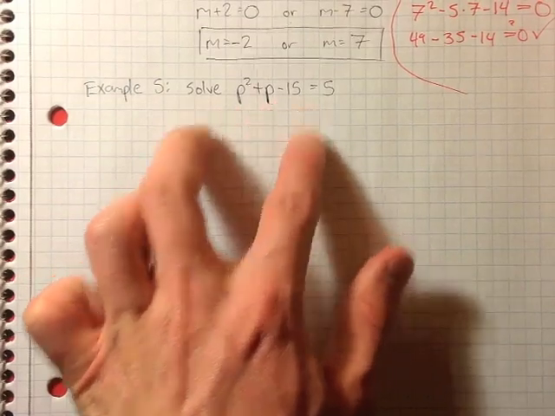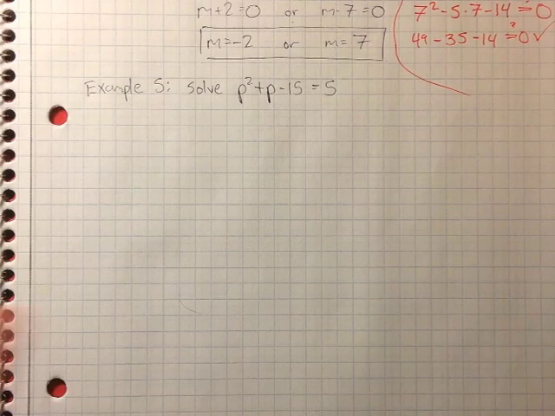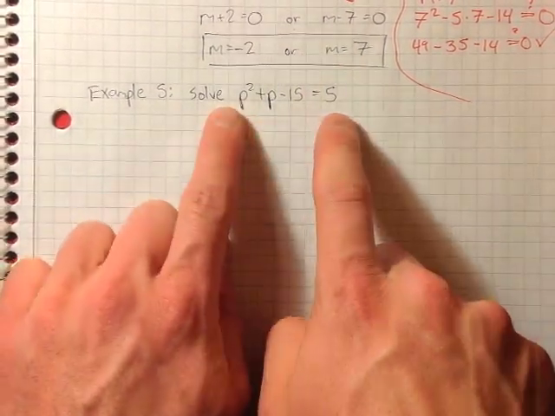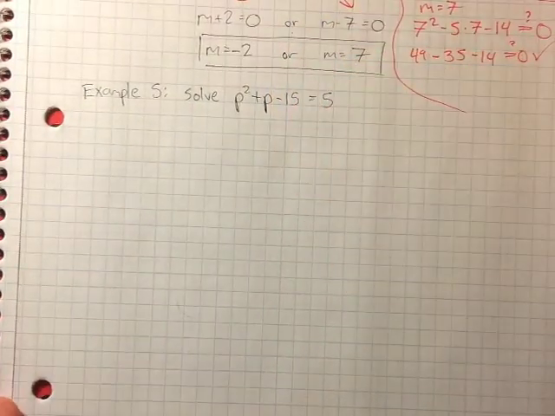Eventually, when we try to use the zero product property, we won't be able to because we need to have 0 on the right-hand side. So, in order to solve quadratic equations by factoring, you need to have 0 on the right-hand side.